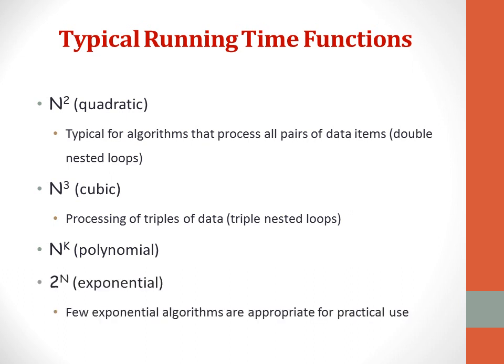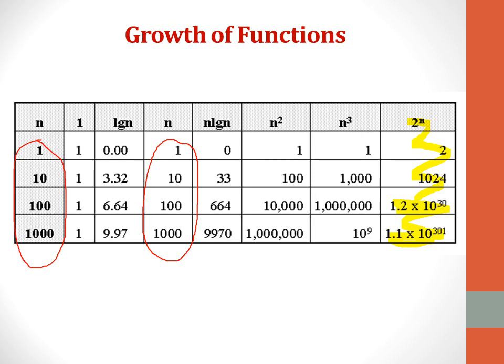Then 2 to the power n, exponential time. This is what we can call the worst case analysis, or the worst case kind of output that we found, 2 to the power n, and we call it exponential. Now let us analyze how all these running times look when we plot them on graph paper, or when we put in the values, how they calculate their values.